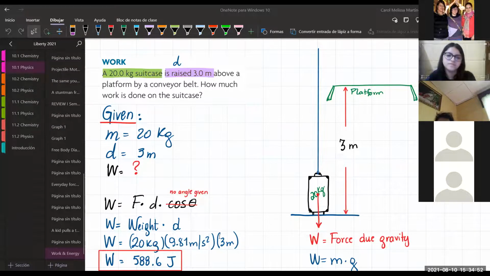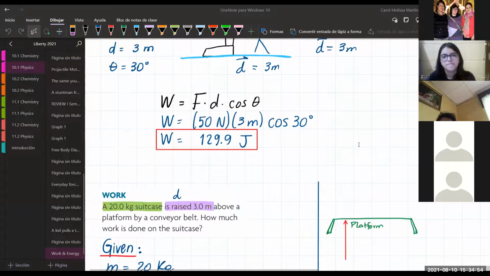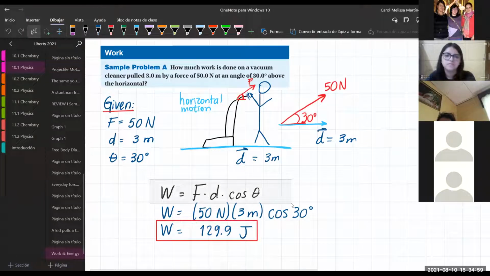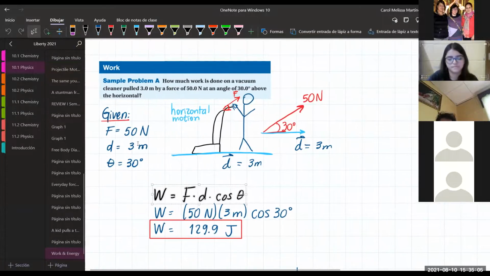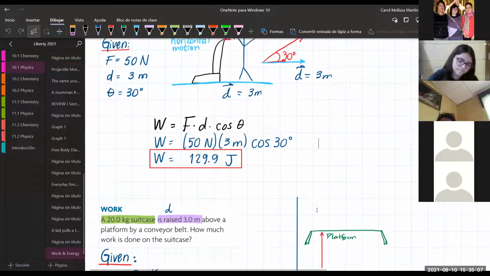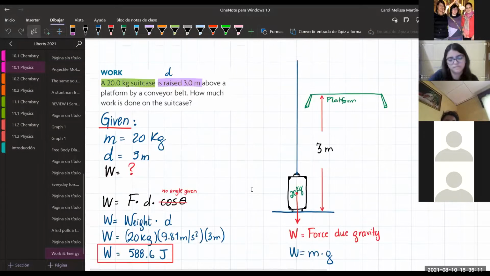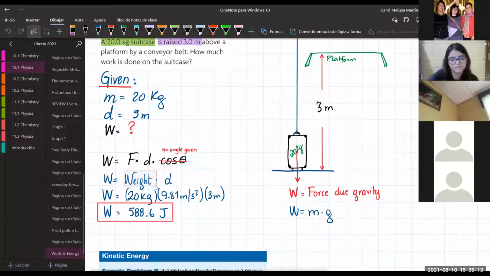So in conclusion, with these two kinds of exercises, when you have the angle, you're going to use this formula, okay? And you're going to include all the data available to apply the formula. When objects are lifted, the force that is acting on the object is actually the weight, okay?